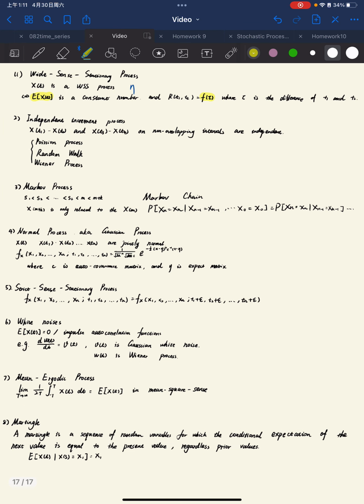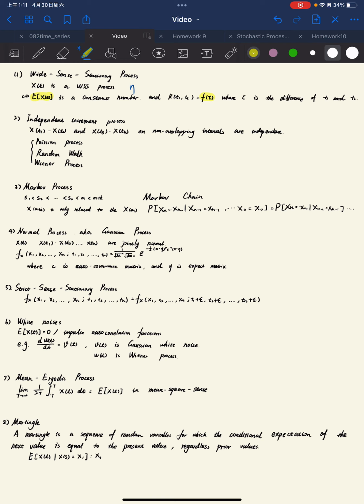And mostly when we try to prove if some process is a wide-sense stationary process, we can just find the expectation and the autocorrelation in this problem.